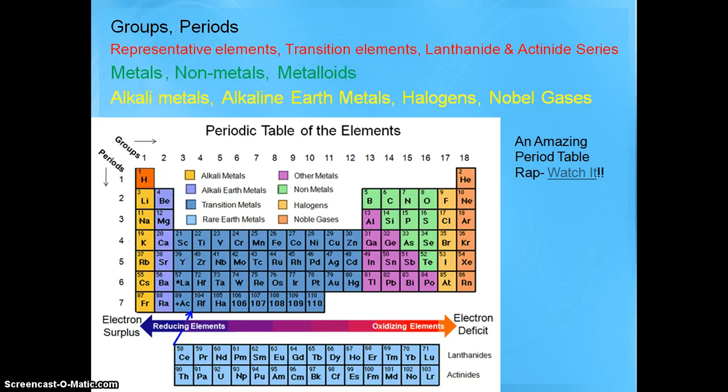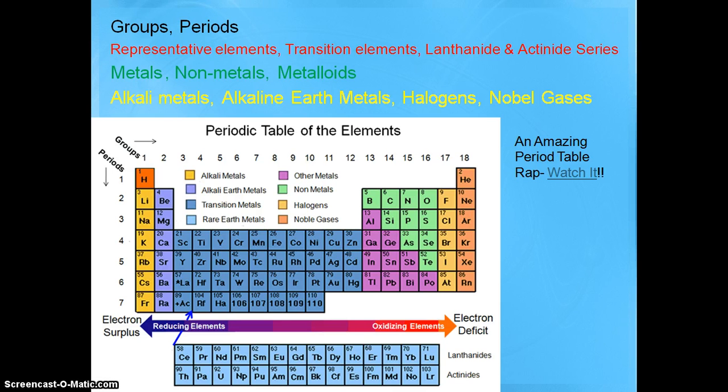The only one that is down and to the left on your periodic table that is not a metal is going to be hydrogen. Your staircase, anything that touches it is going to be a metalloid. And the only one that touches the staircase that is not a metalloid, that's going to be aluminum. That is actually a metal. Okay, are there any other exceptions? Just hydrogen and aluminum.